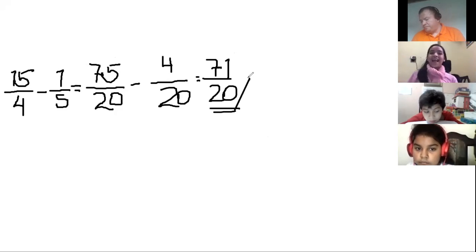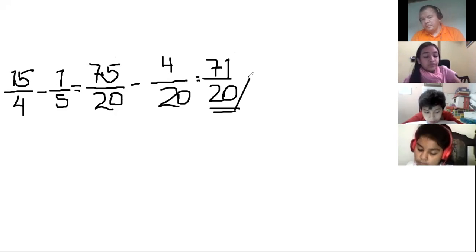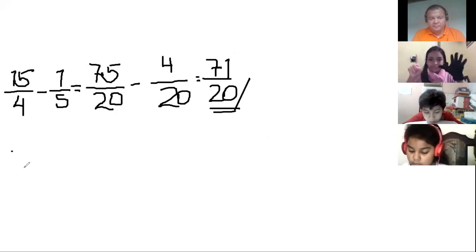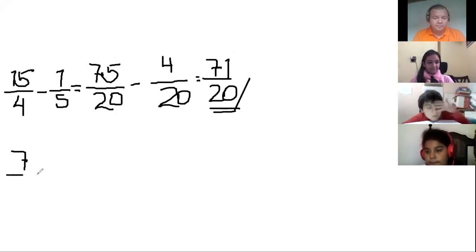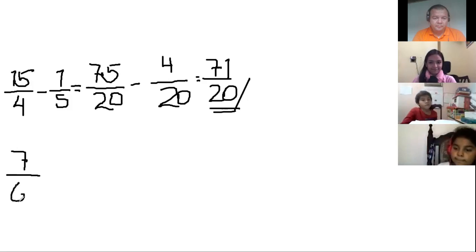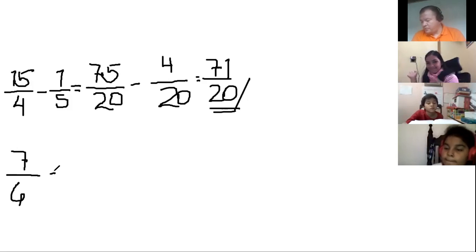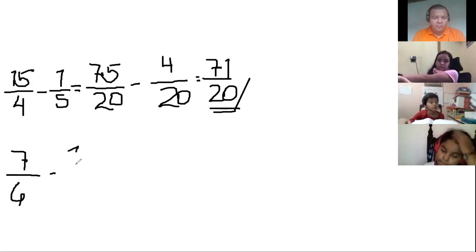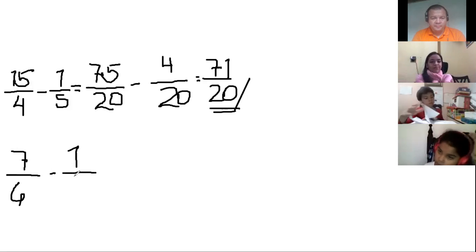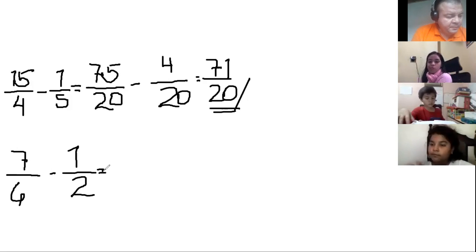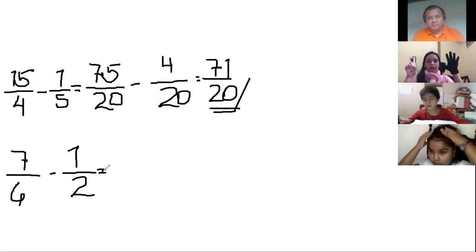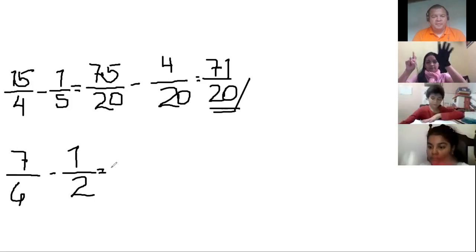Next one. I have 7 over 6 minus, or less, 1 and 5. What is the least common multiple? 6. That's right.